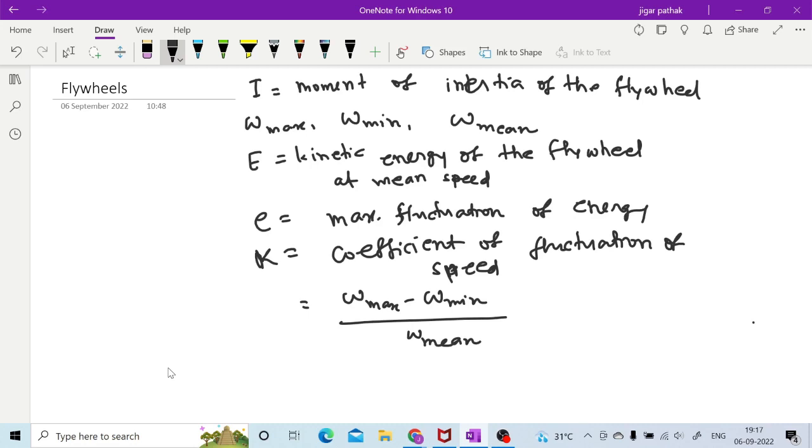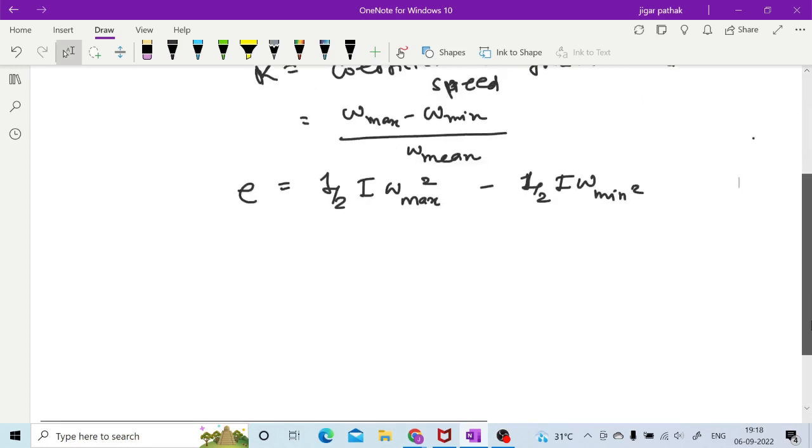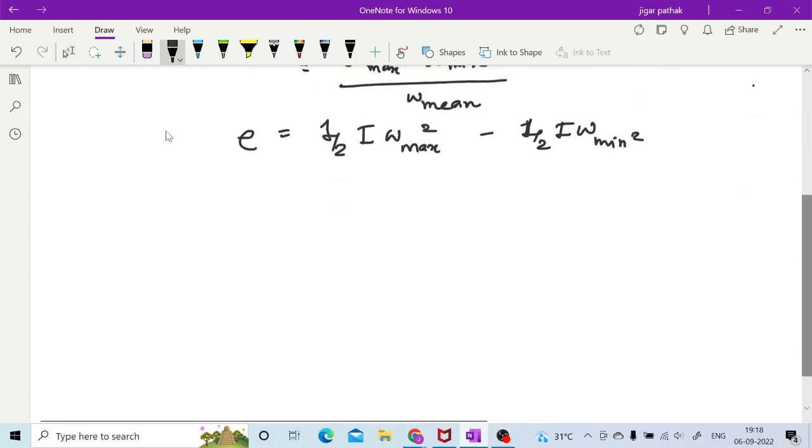Now if you go for this E, that is maximum fluctuation of energy, then it is 1/2 I omega max square minus 1/2 I omega minimum square, right? If you further simplify this, you will have 1/2 I omega max square minus omega min square.